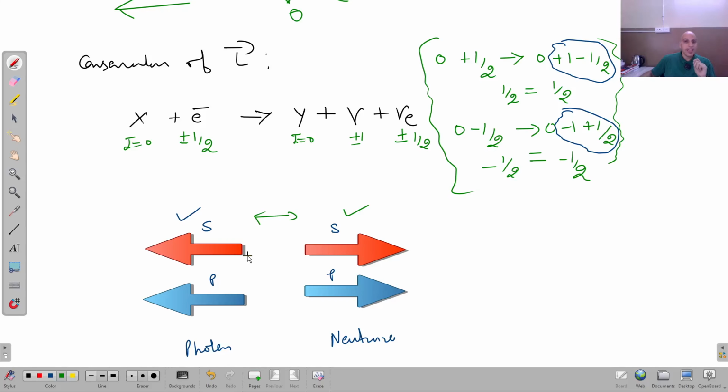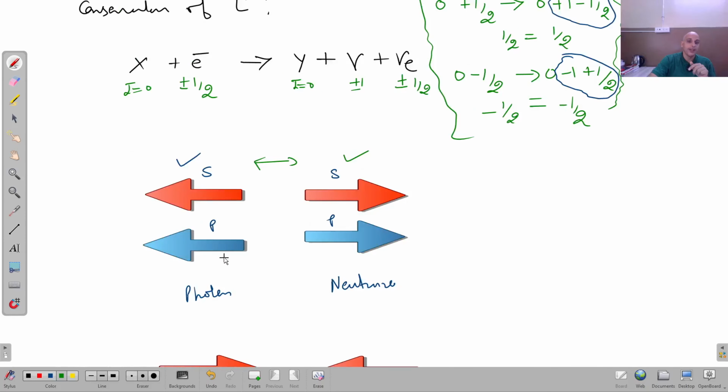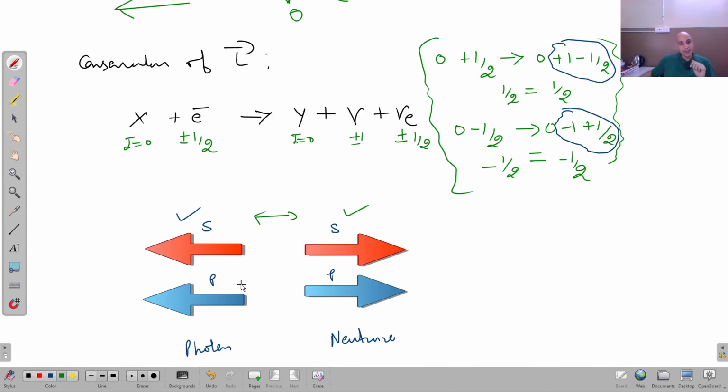And we have also seen that the linear momentum direction, here I have written, is always opposite to this. So I have also drawn it here. So the linear momentum is also always in the opposite direction to the neutrino. This is the first case. Now what does it mean?